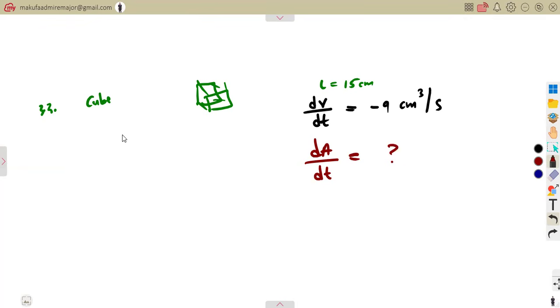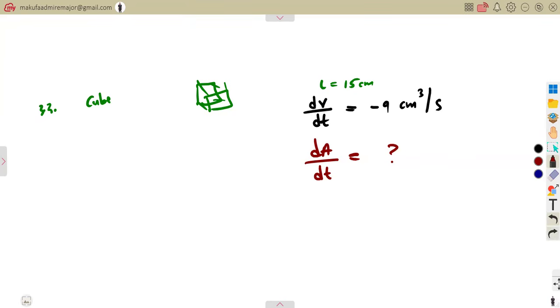I want you to be careful with this type of question, because as I said before, on your rates of change, you're supposed to formulate from the shape that you are given, the properties of what you have: the volume, the area.